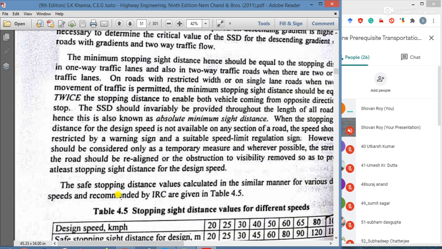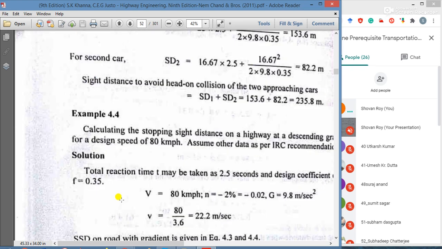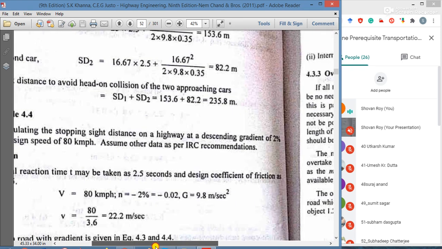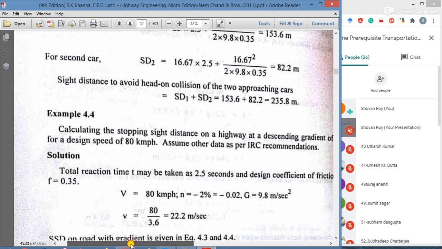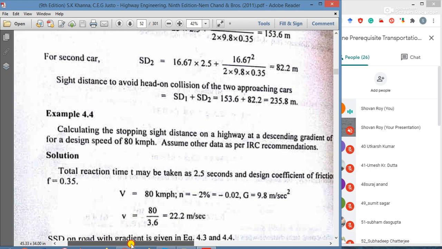But in the next problem we have seen the road condition is the same, and all the conditions are also the same, like your braking efficiency and coefficient of friction.